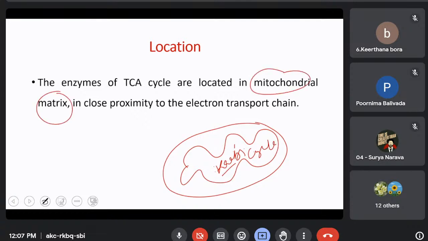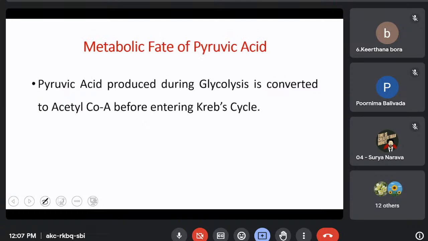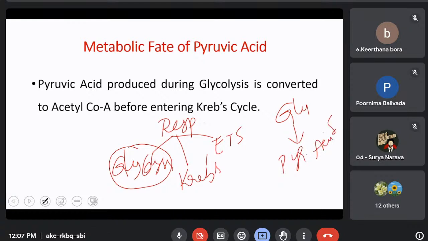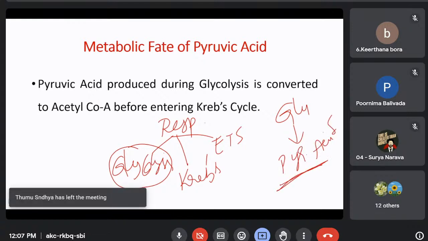Okay, so what actually happens here? We know that aerobic respiration involves three steps. First is glycolysis, second is the Krebs cycle, third is the electron transport system. In glycolysis, glucose is converted to pyruvic acid.